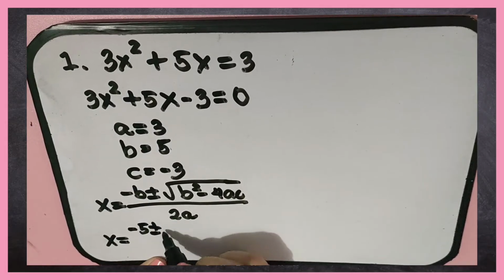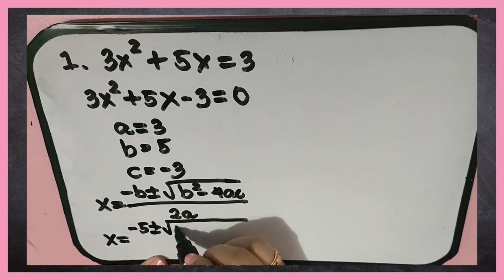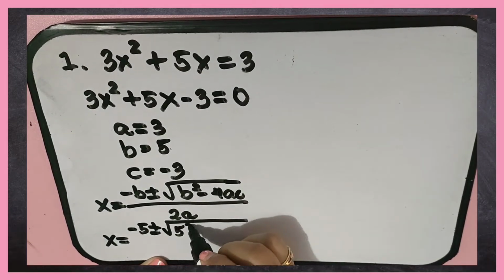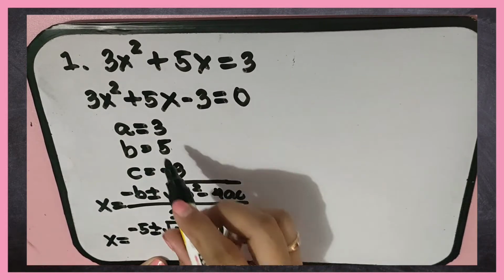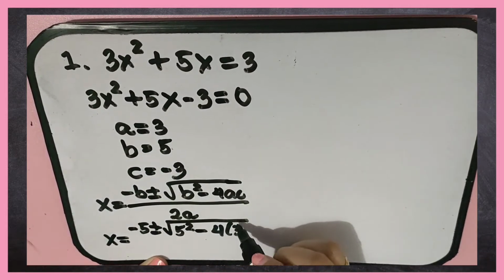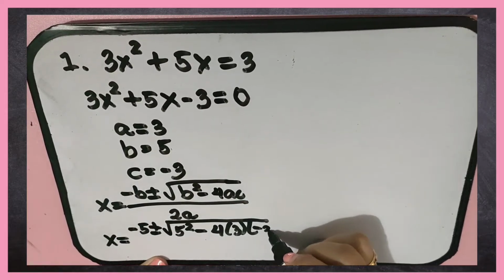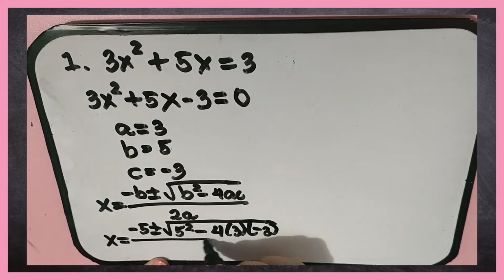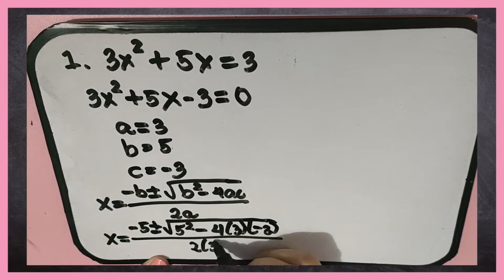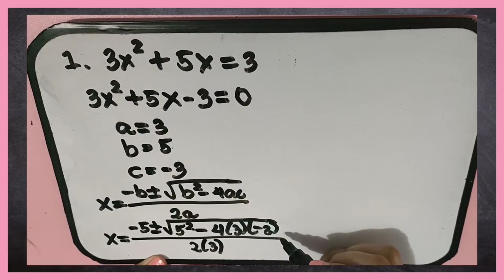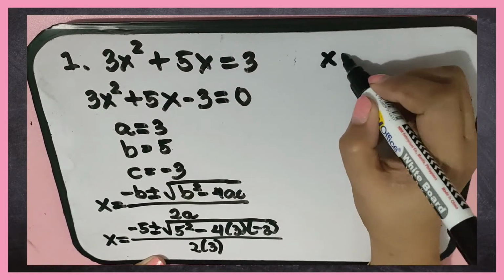Positive negative square root of b, which is 5, then exponent 2 minus 4, substitute the value of a which is 3, and then the value of c which is negative 3, all over 2, then a is 3. Then let us simplify the result. So we have to continue here.